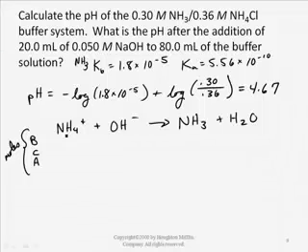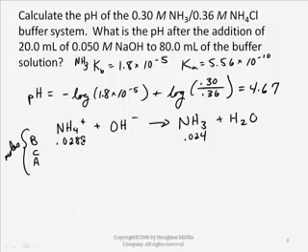This is where we're doing the stoichiometry of the reaction. I have 80 milliliters of my buffer solution, so 0.08 times 0.3. So I have 0.024 moles of the ammonia, and 0.08 times 0.36, I have 0.0288 moles of the ammonium.